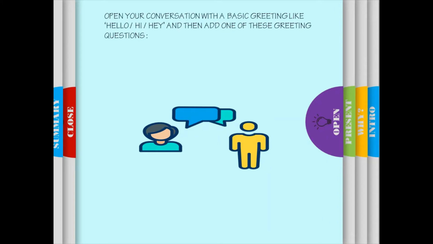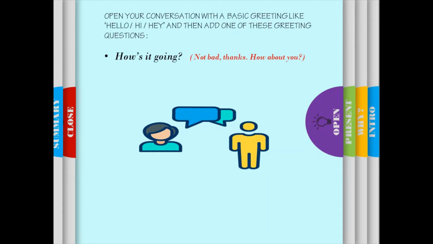So you can start your conversation with a basic greeting like hello, hi, hey, and then we will add one of these greeting questions. The first greeting question we have today is, how's it going? Now, just notice here, we do not say, how is it going?